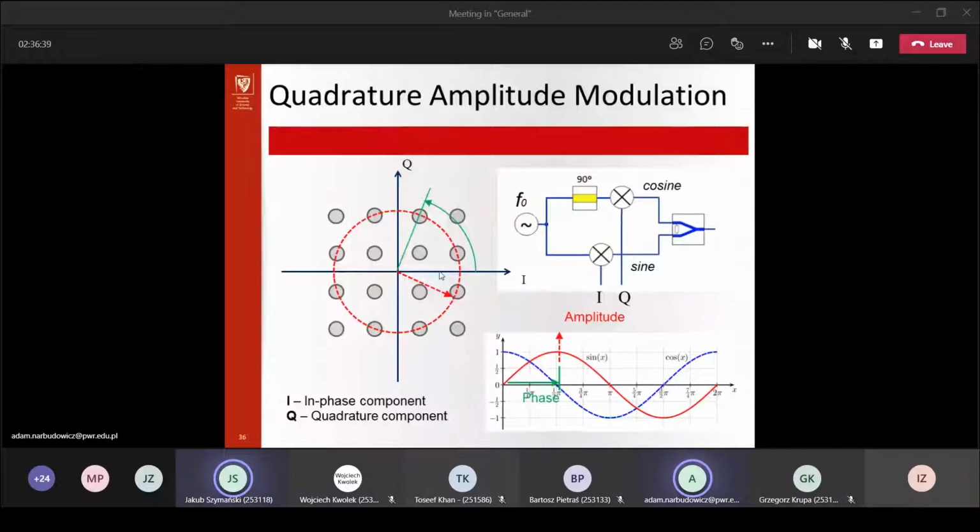Yes, IQ have discrete states. Yes, in this case it has discrete states because it's digital modulation, right? So we are assuming we always have a digital signal here.